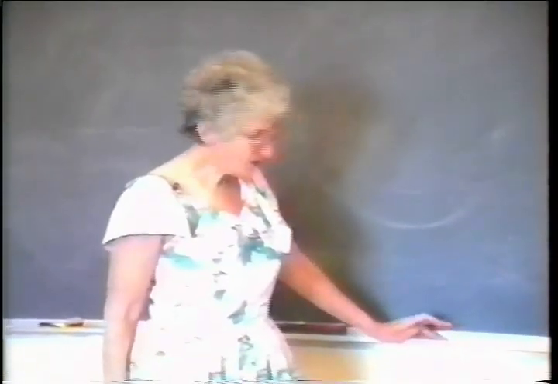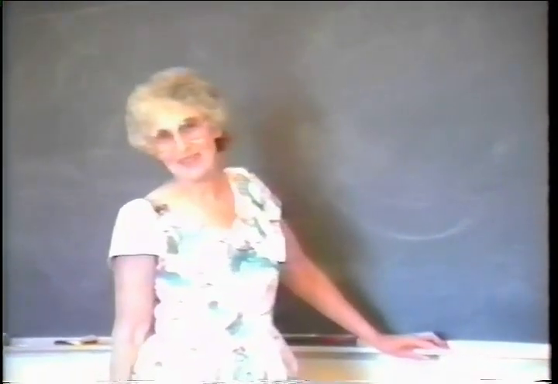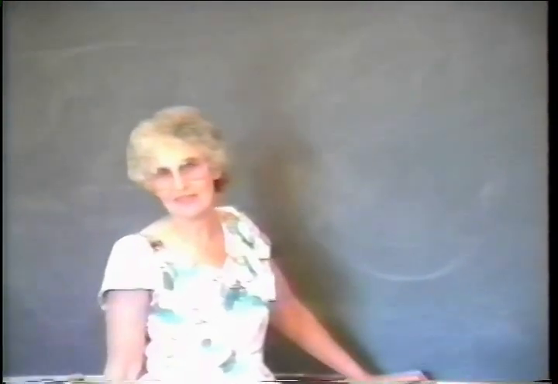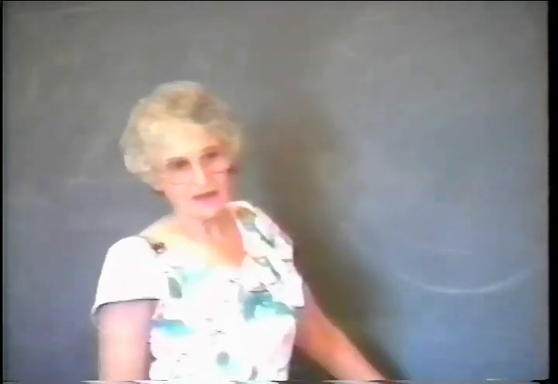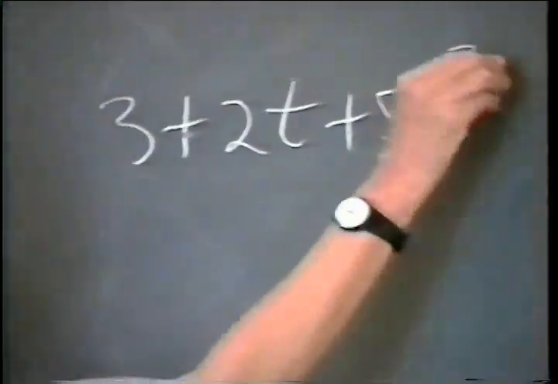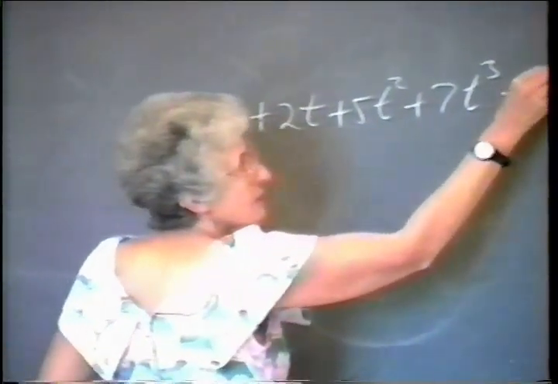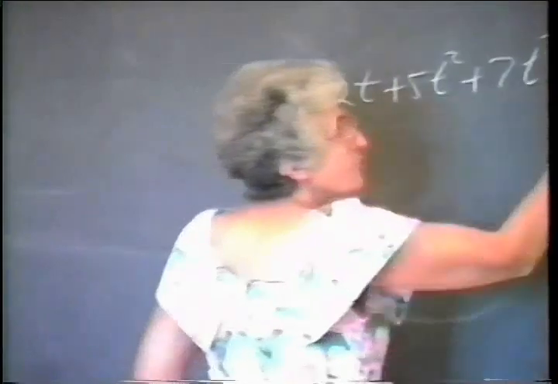Well, the Jones polynomial was discovered in this office in 1984, and it was a pretty exciting time. Before that, mathematicians had a polynomial invariant of knots. It was called the Alexander polynomial, and it's a polynomial like 3 plus 2t plus 5t squared plus 7t cubed minus 8t to the fourth.